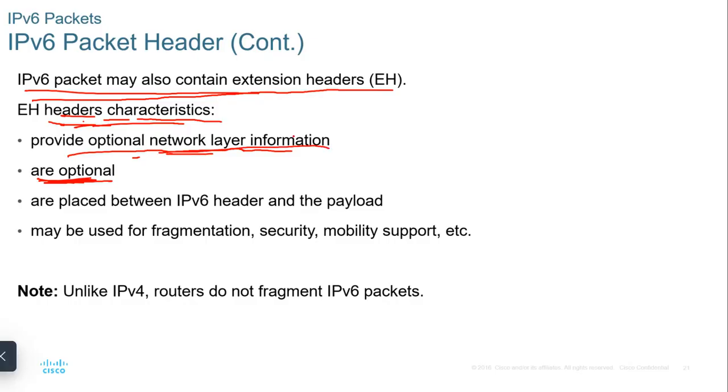The optional network layer information is placed between the IPv6 header and the payload. If it's optional, then it will only be there in case it arises in the network layer.